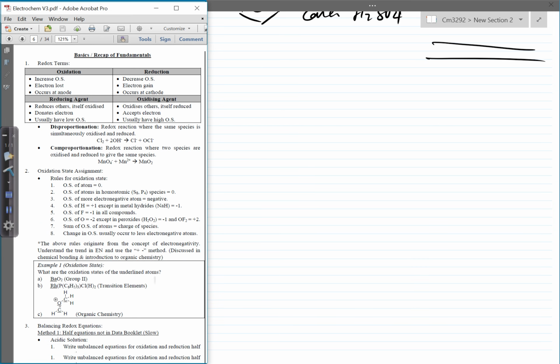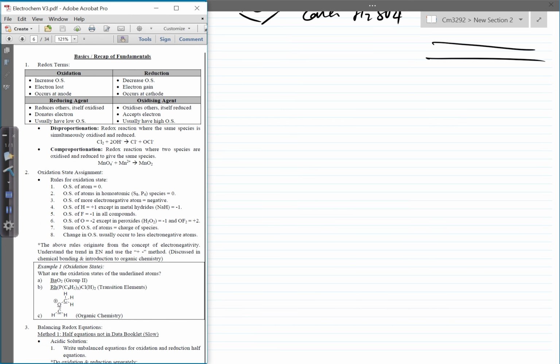We go through a summary first, because the last few questions need more time to think, right? So let's look at some basic terms, right? So I believe you all know what is redox already, right? But take note of some new terms, right?